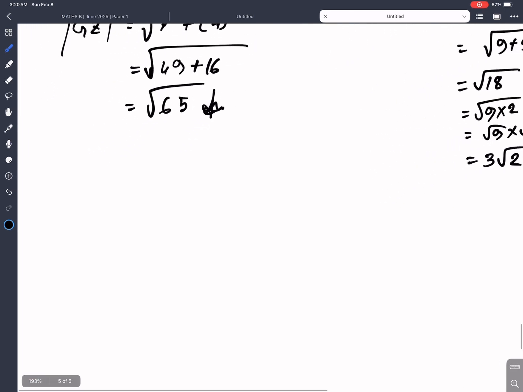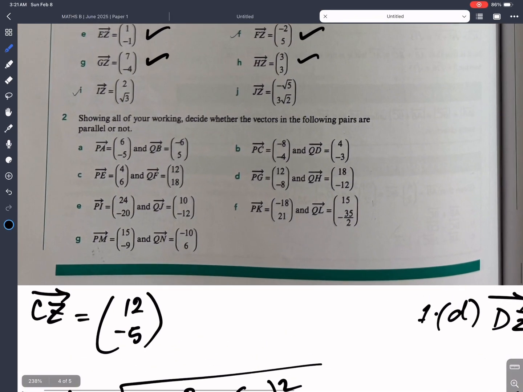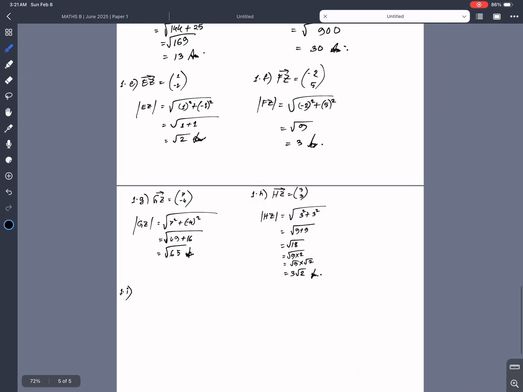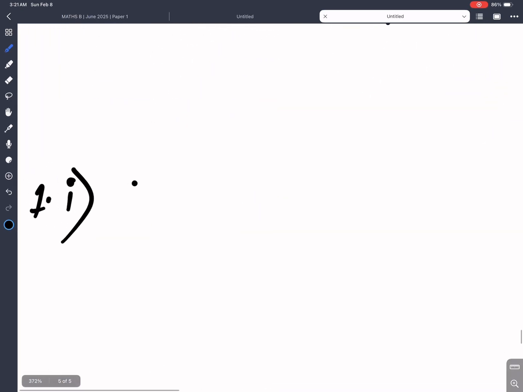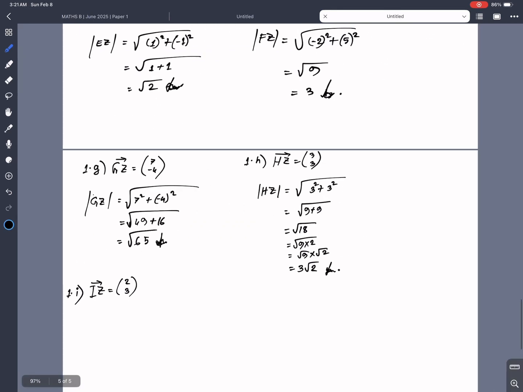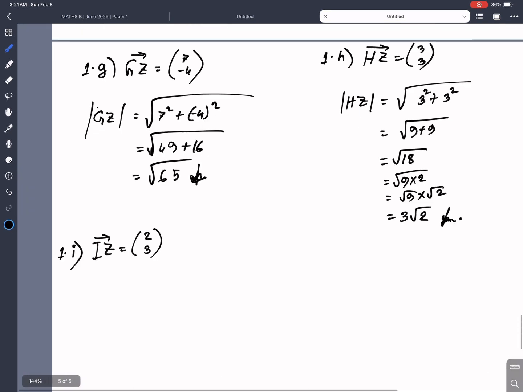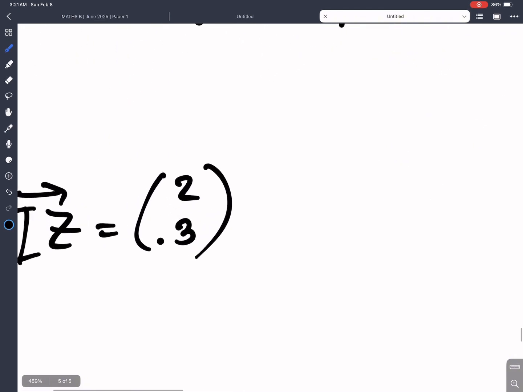Now 1I. Let me see what's there in 1I. IZ, (2, root 3), not 2 and 3, right? Oh no, root 3. I got carried away with all the modulus roots.